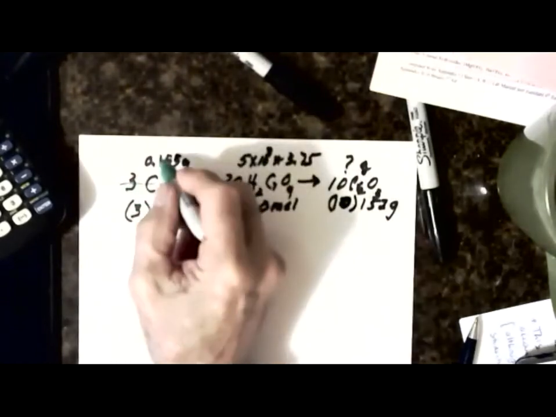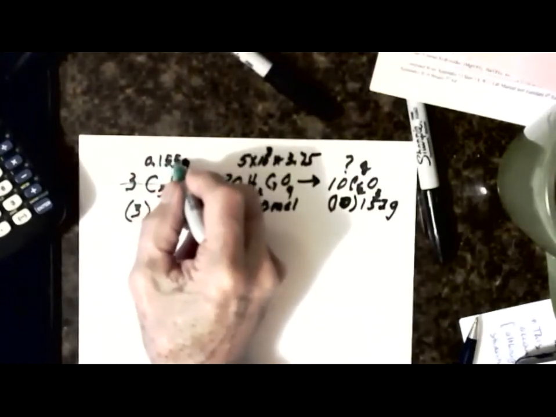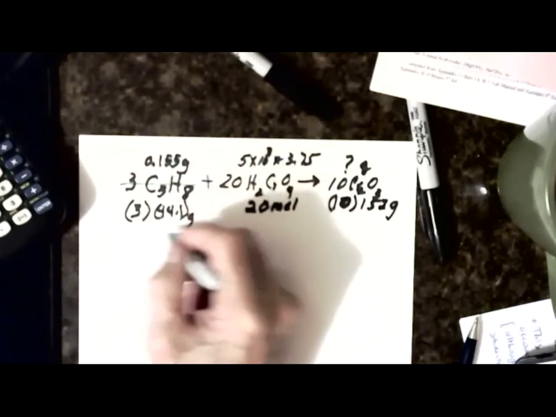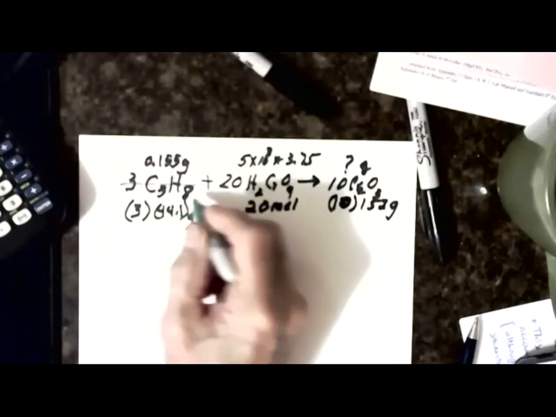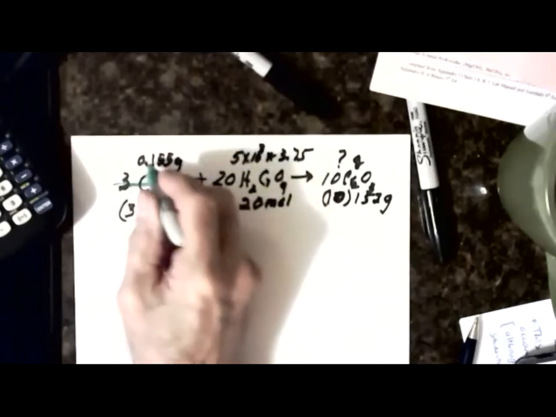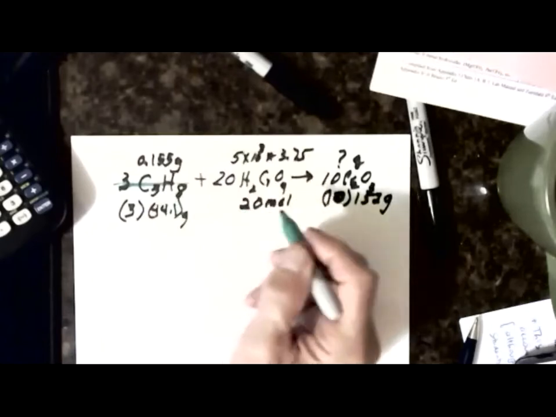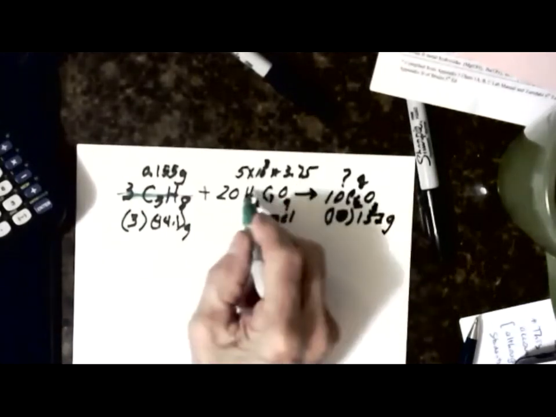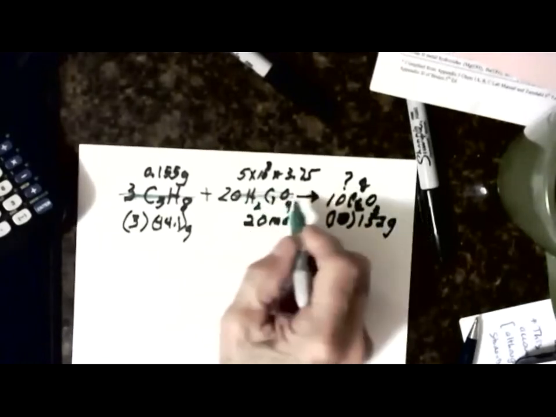There's one of them. 0.155 divided by 3 and divided by 44.1 is going to be one of my rebalancing factors. So all I got to do is do this division that's showing right there. To get the other rebalancing factor, all I have to do is do this division that's showing over here in the equation.